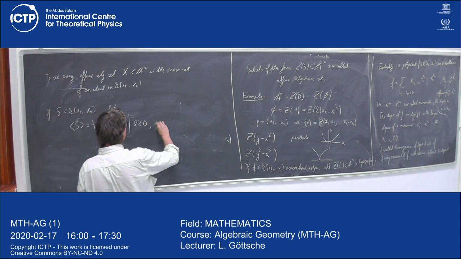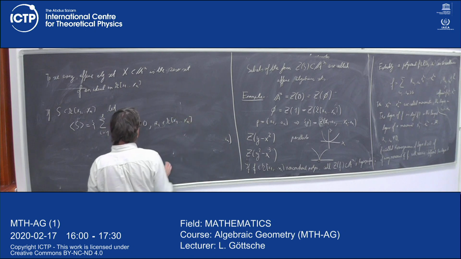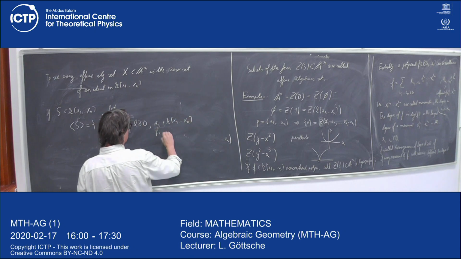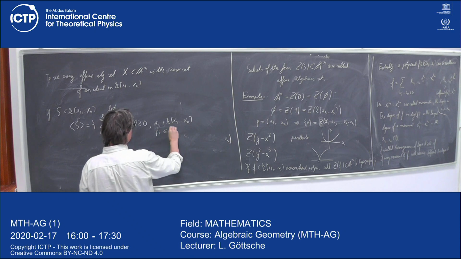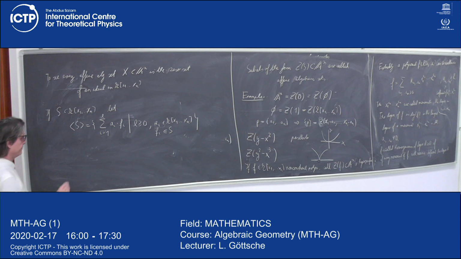The a_i are some polynomials, and f_i are elements in S. So this then is the ideal generated by S.